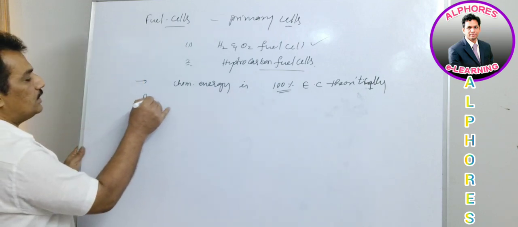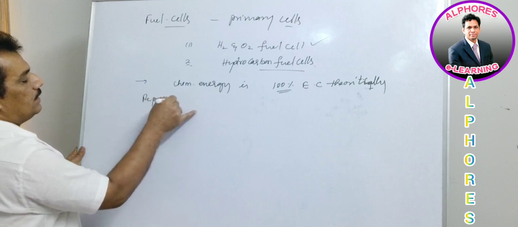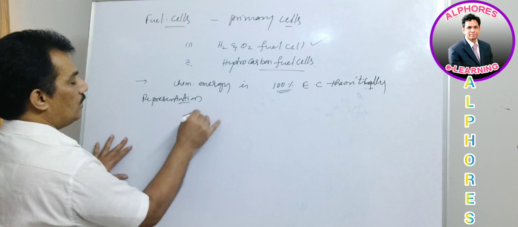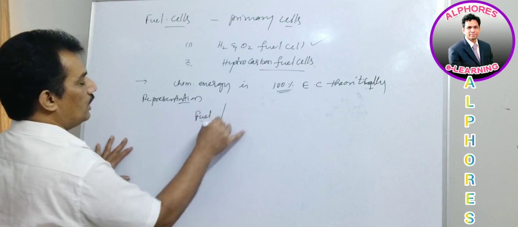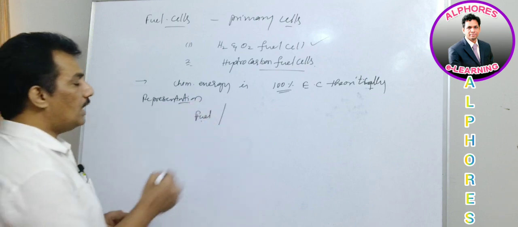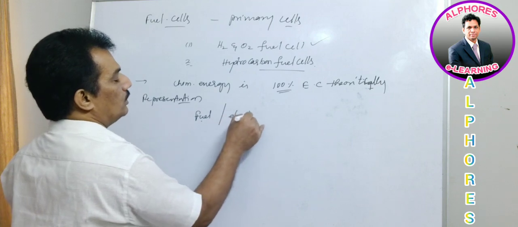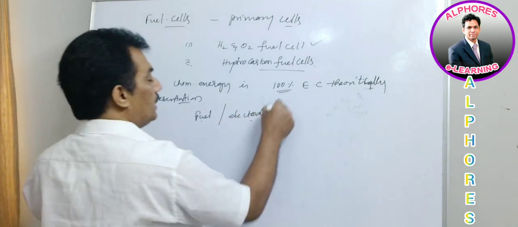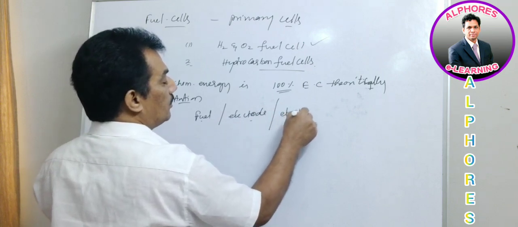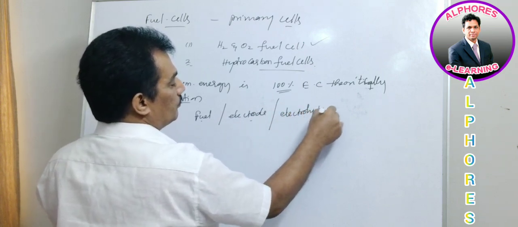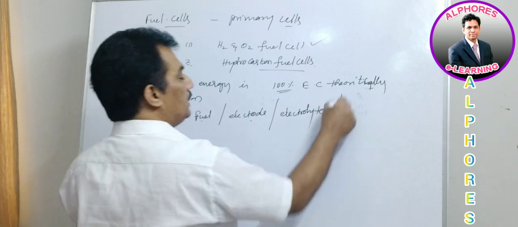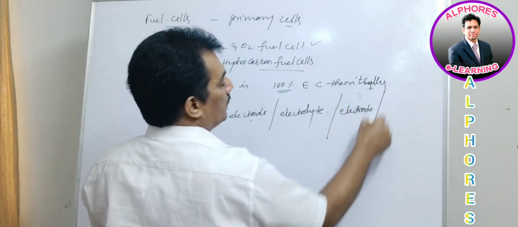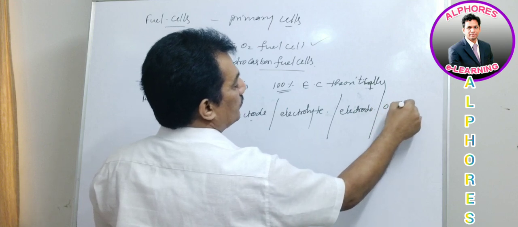The fuel cell representation will be like this. In this representation, first of all, we have to write the fuel, whatever fuel we are using, and then the electrode, which here is the anode side, and then the electrolyte, whatever electrolyte is used, that we have to mention, and then again the electrode, and then the oxidant.